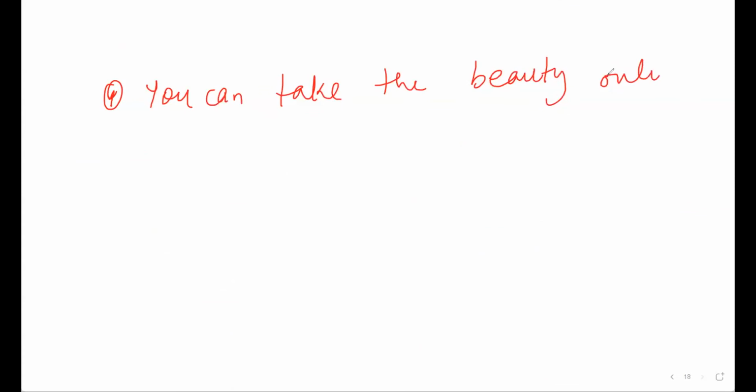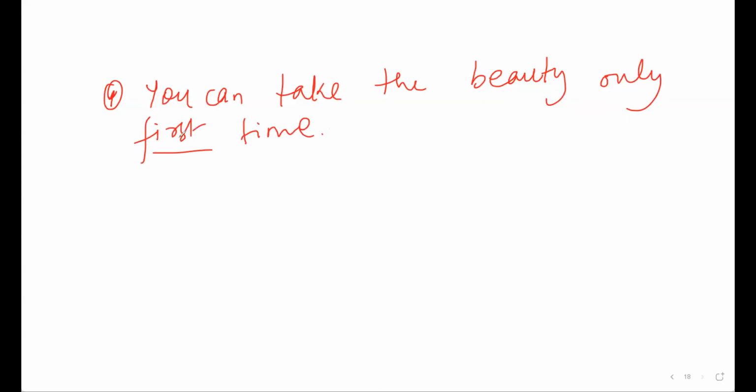Solution for this is, okay, what is given to you? You can take the beauty only first time. Only first time you visit that square or city. So it means I also need to take account of how many times I'm visiting, is it my first time, second time, last time.